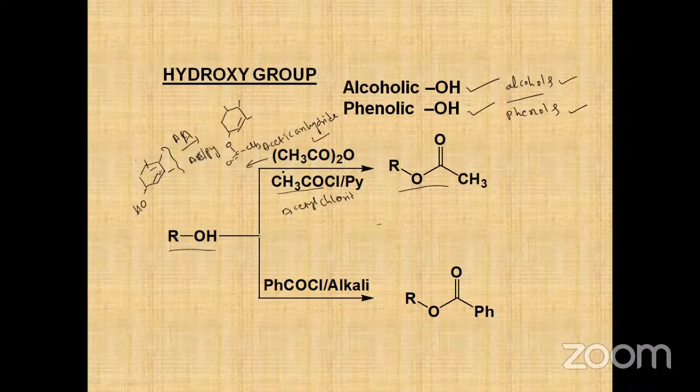Suppose you take phenol, the aromatic compound. It reacts with acetyl chloride or acetic anhydride, and that leads to the formation of phenyl acetate as the product.